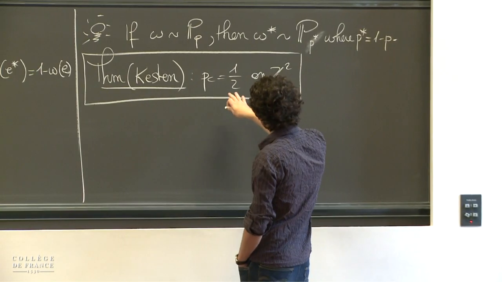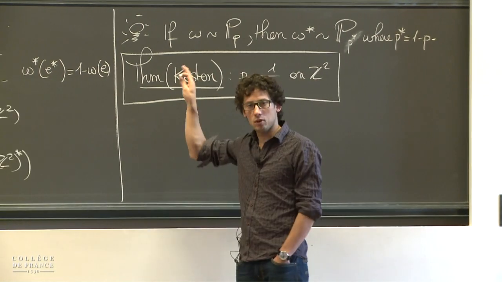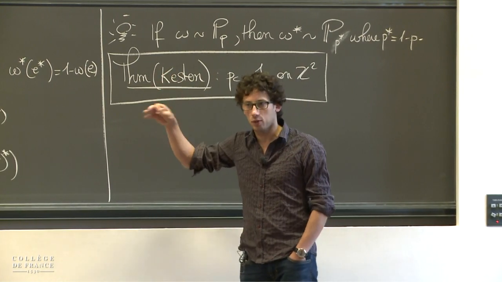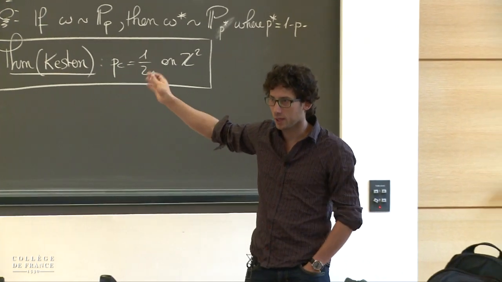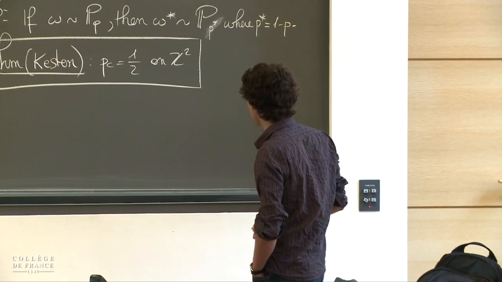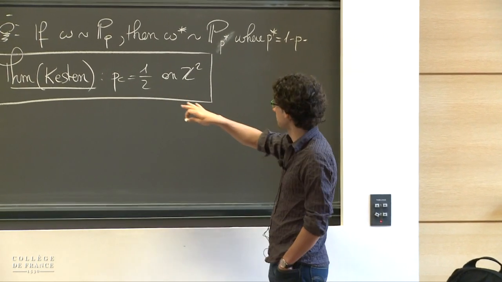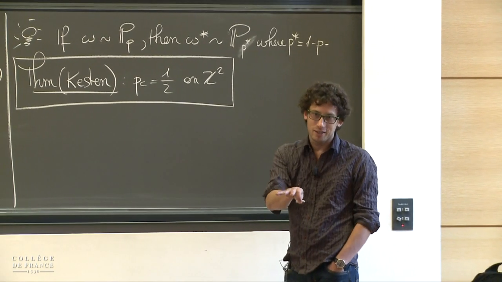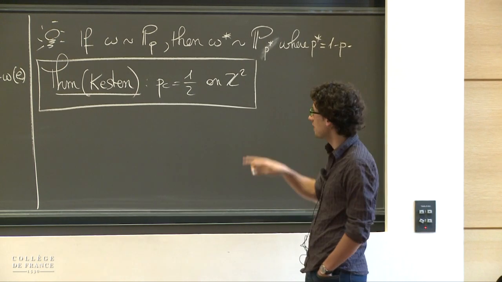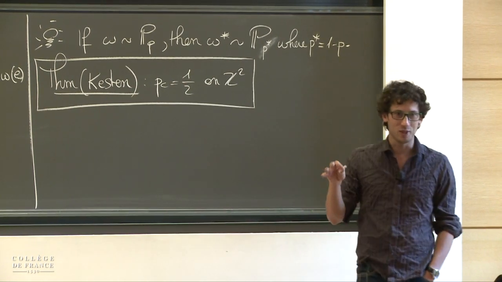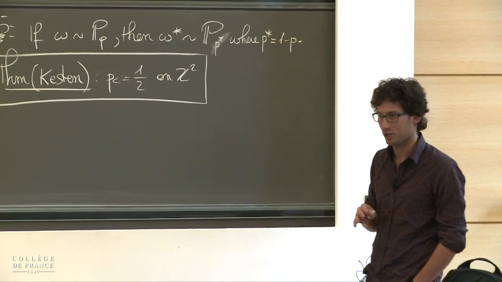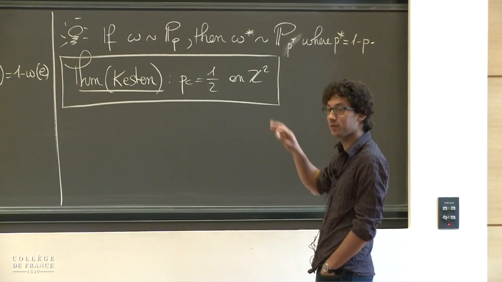I'm not going to give you the intuition for that, because a physicist will look at that and say, of course. I'm not going to tell you why he thinks, of course, because I'm going to tell you exactly these words and pass to the next step in 10 minutes when I will do it for dependent percolation models. But here I can provide the proof, so I'm going to do it.